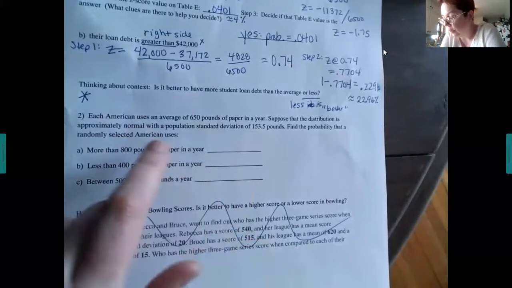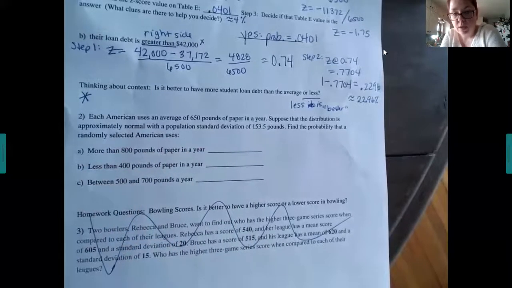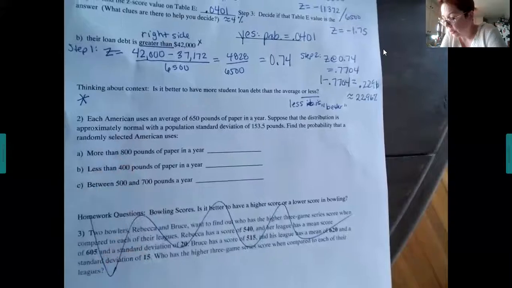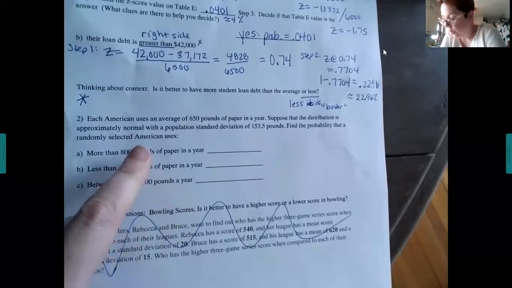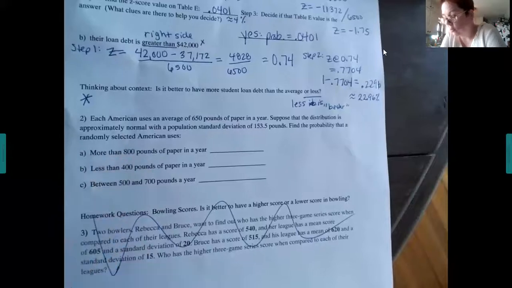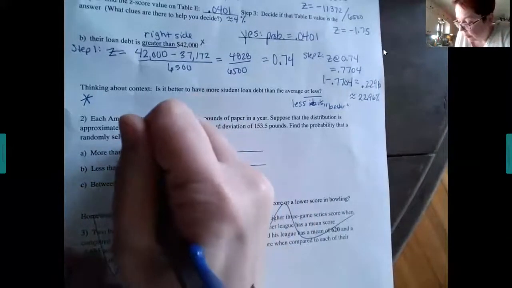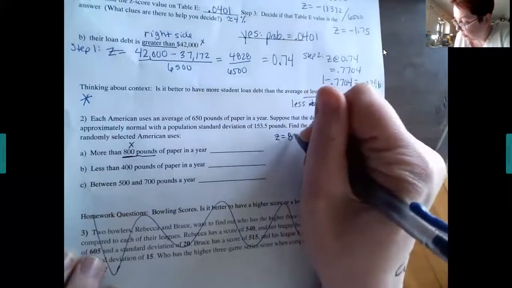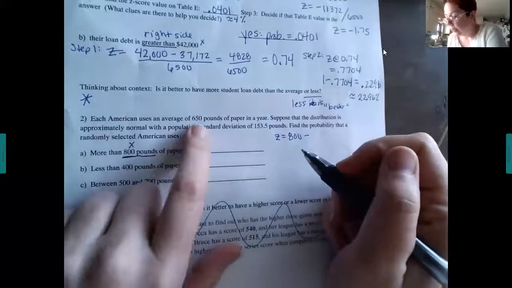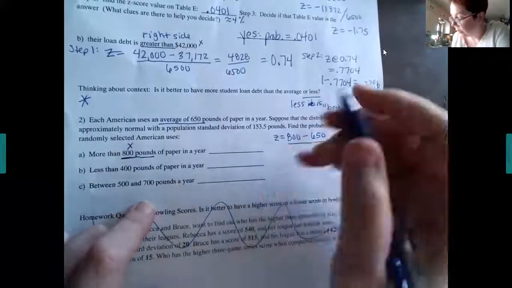Find the probability that a randomly selected American uses, and then they give us the scenarios. The first one is asking for the probability that one American uses more than 800 pounds. So it's asking about 800. It tells us that the average, or the mean, is 650 and gives us the standard deviation.